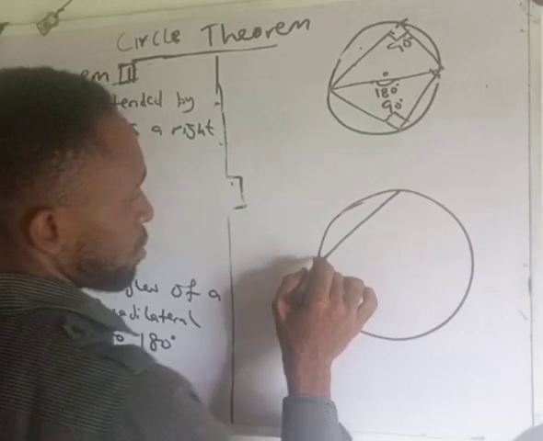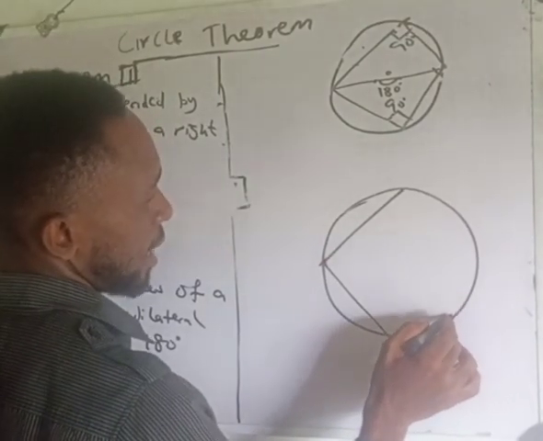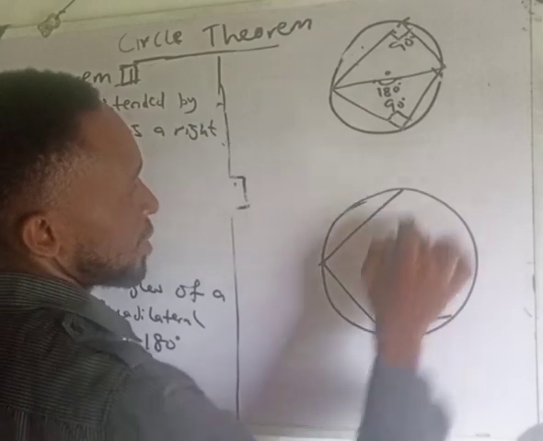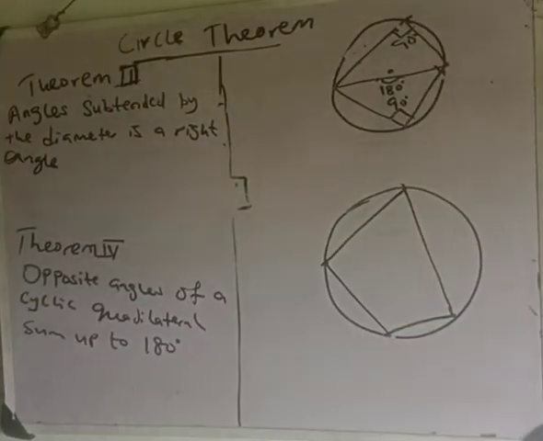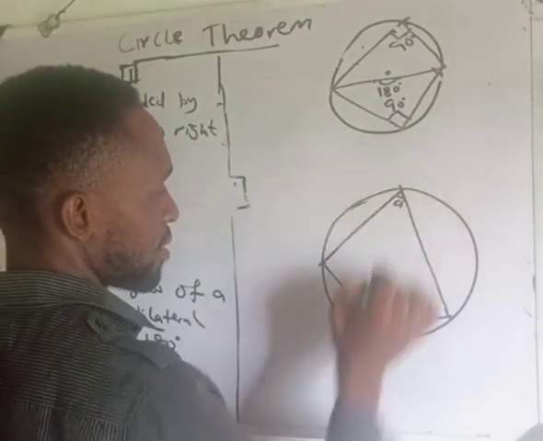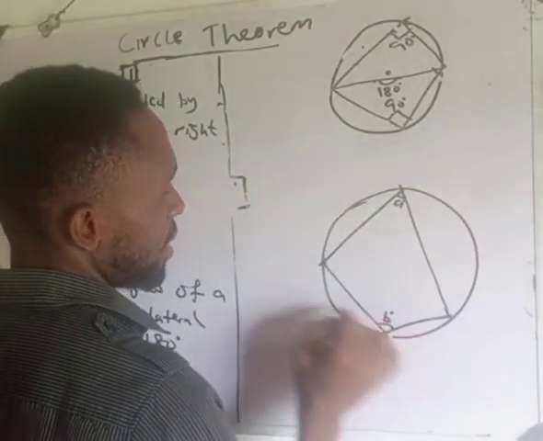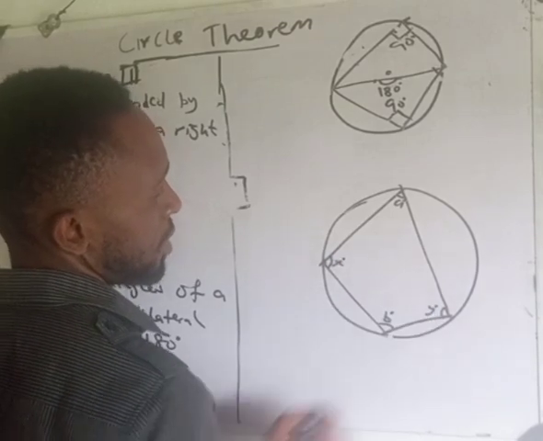Let's just have a rough one. You can just have something like this, right? Let's say I have a degrees here, and I have b degrees here. Let's also say I have x degrees and y degrees here.